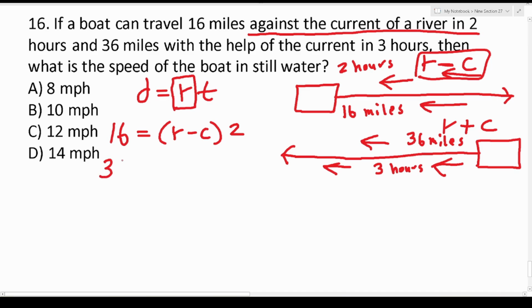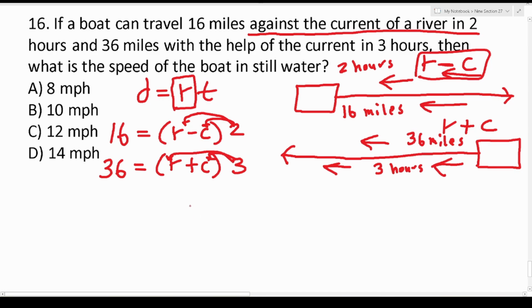We know it goes 36 miles, and the current is speeding it up. So our rate in the distance formula is R plus C, and we know it took 3 hours for it to go this distance. So the very next thing I want to do is take this 2 and distribute it here and here, and this 3 and distribute it to this R and C as well.